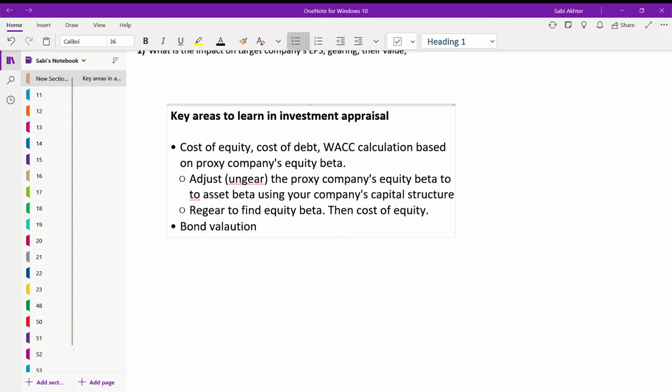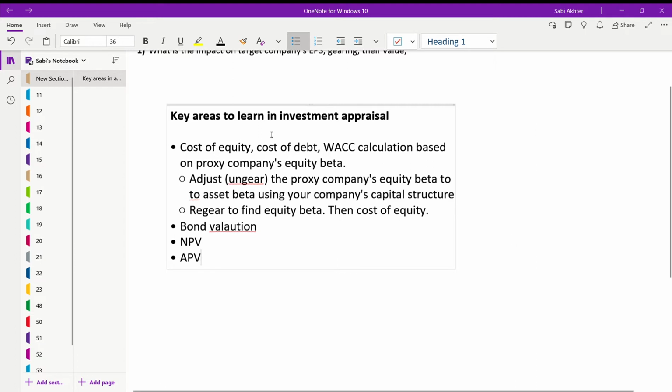Under this there are so many things. My spellings might be wrong. Then what do we have? Net present value, adjusted present value. I'm writing the short form, okay? Under that there are so many things which you can make up on your own. Under net present value what you have to do, under adjusted present value what you have to do.